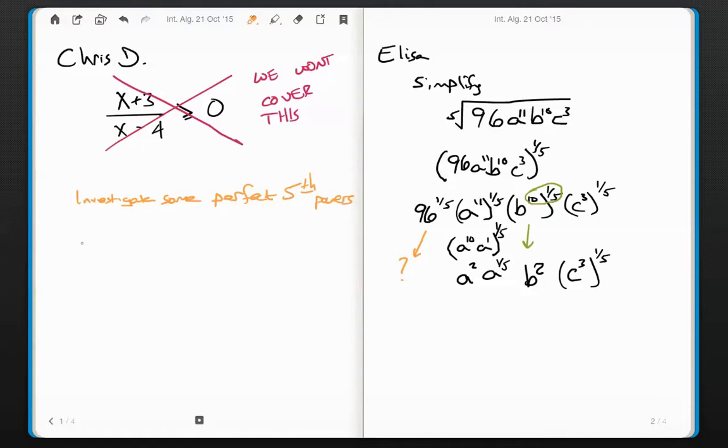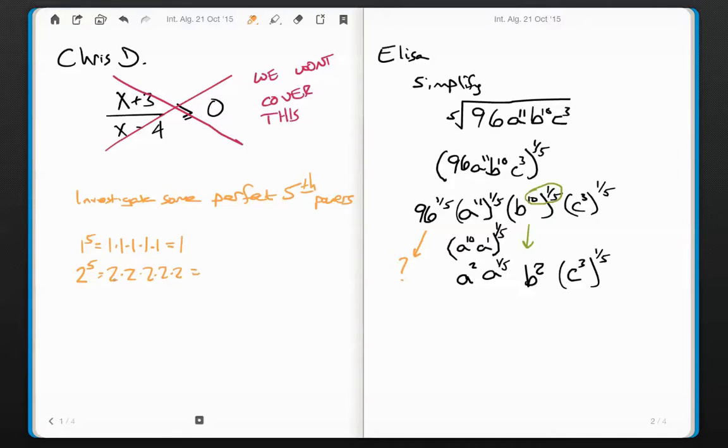Okay, well, 1 to the fifth equals 1 times 1 times 1 times 1 times 1, which equals, surprise, surprise, 1. All right, well, that's not terribly useful. 2 to the fifth equals 2 times 2 times 2 times 2 times 2.